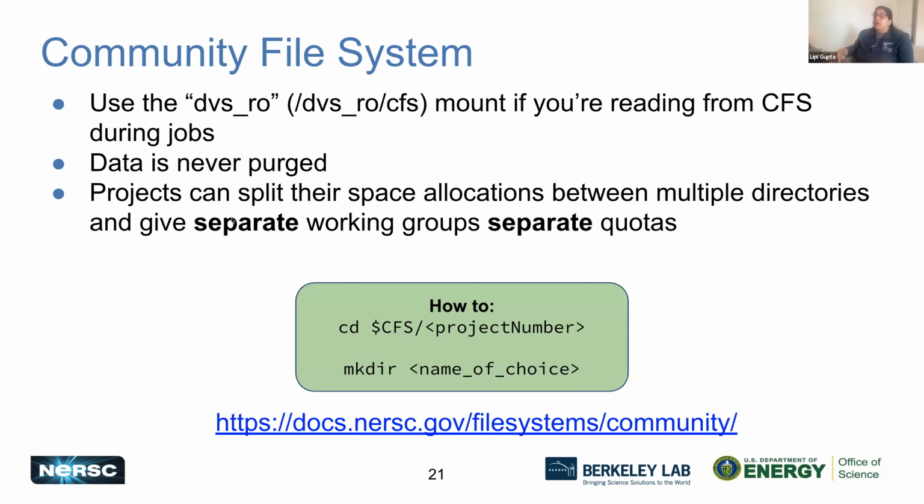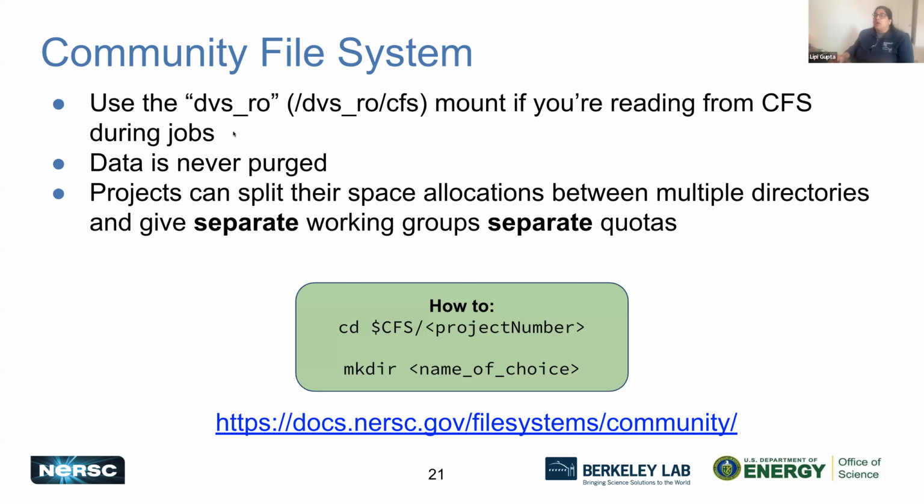As I was talking about with the global common software, it is mounted read-only on compute. There is also a read-only mount of CFS, which is meant to be very performant.